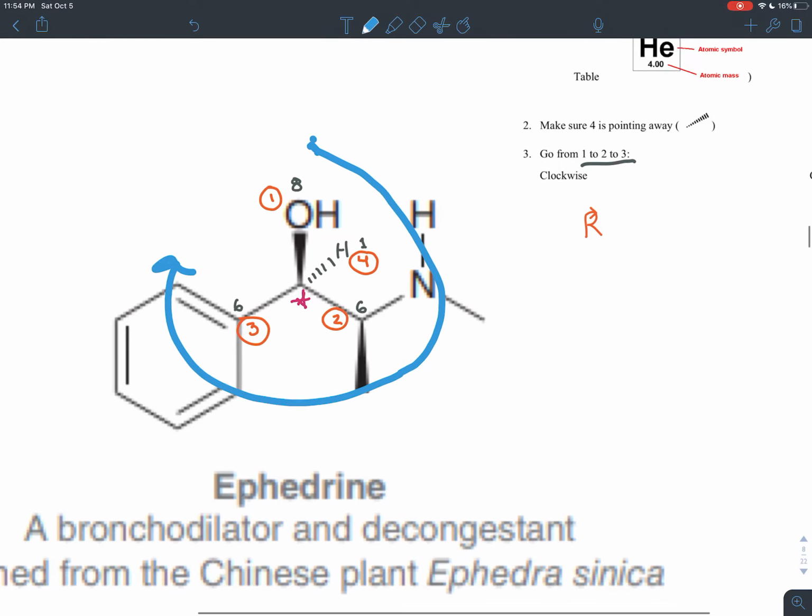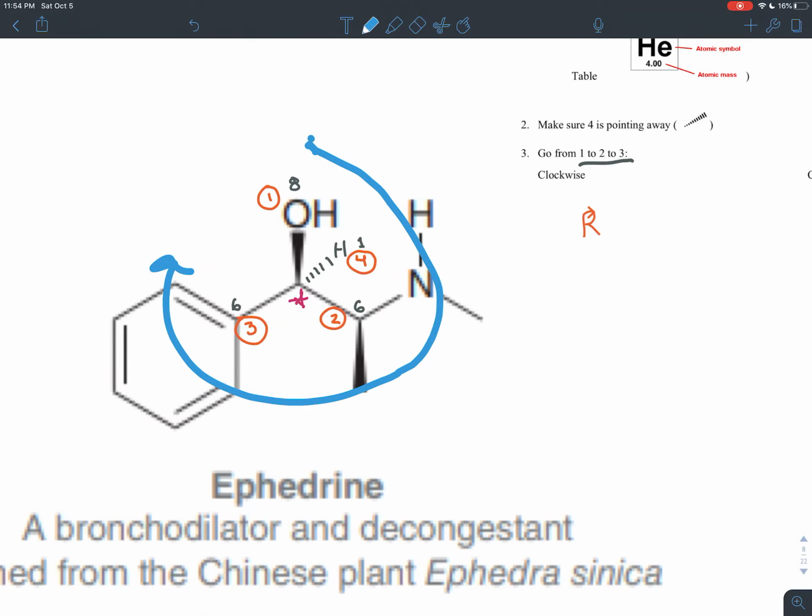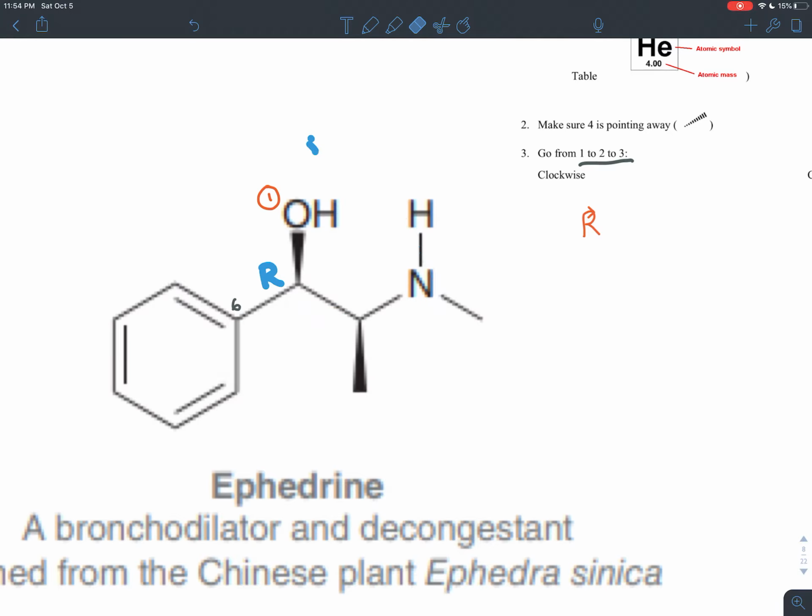And as you can see, doing that is clockwise. And if you go clockwise, then the handedness of that molecule is right-handed. So this is the R configuration. That is the right-handed version of that arrangement of molecular pieces. So that chiral center is going to be R.